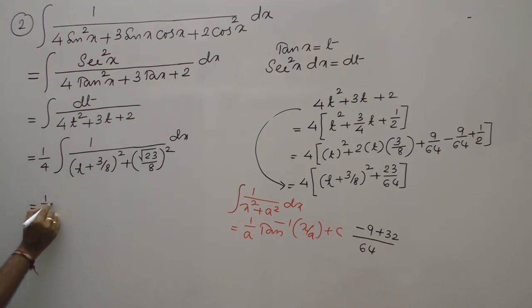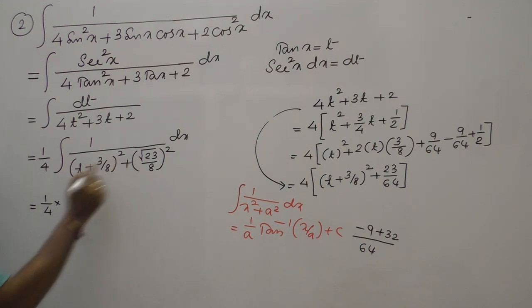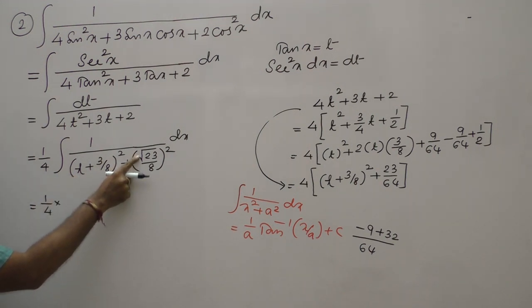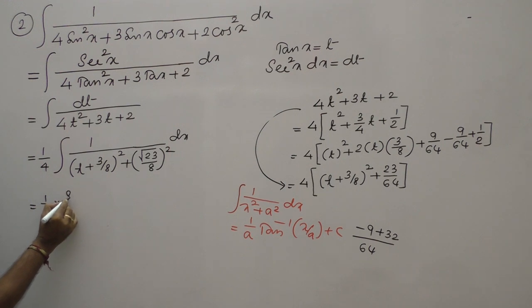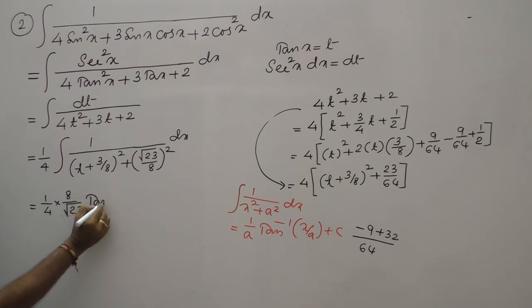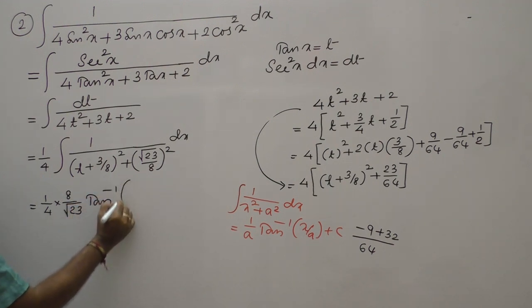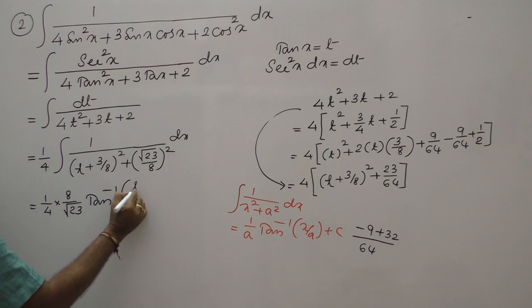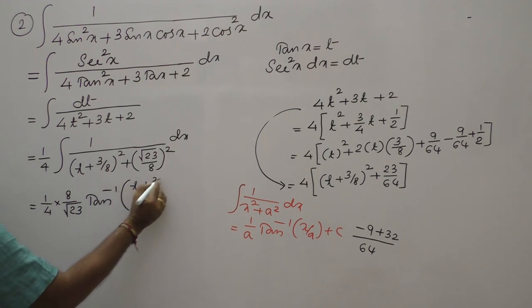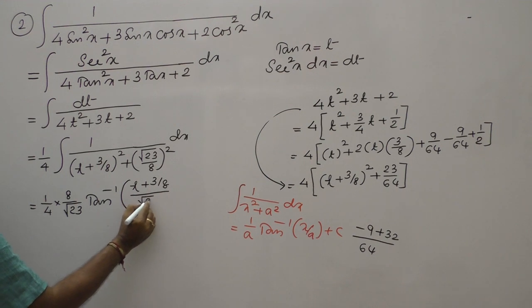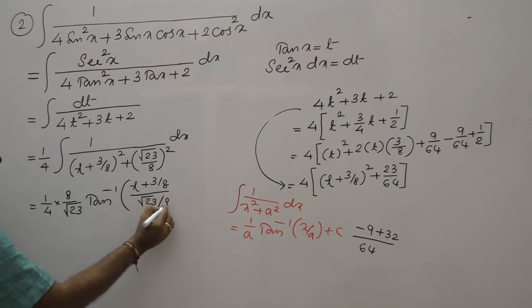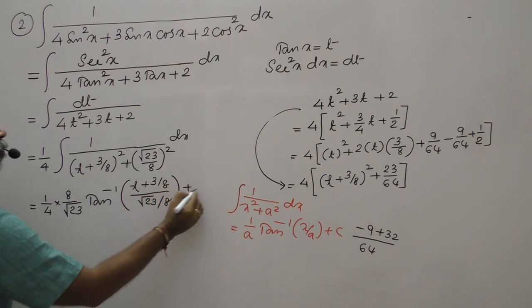See, 1 by 4 into, if I apply that, 1 by a, this is a, 1 by a means its reciprocal: 8 divided by root 23, into tan inverse of x by a. What is x? T plus 3 by 8, by a is root 23 by 8, plus c.